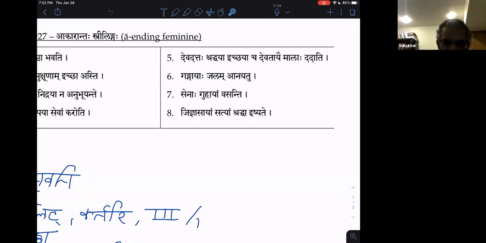So the meaning of this sentence is that the seeker or the curious person wishes for Shraddha in the truth, or truth seeker?